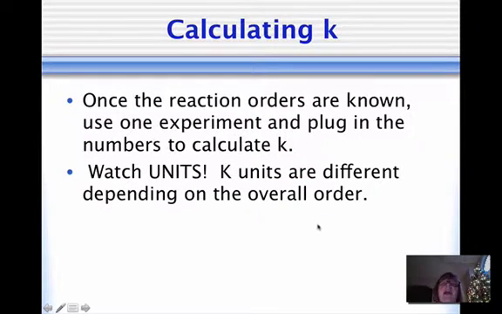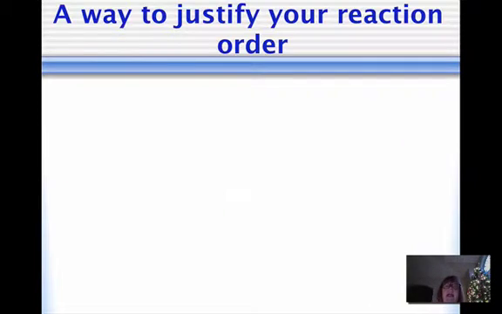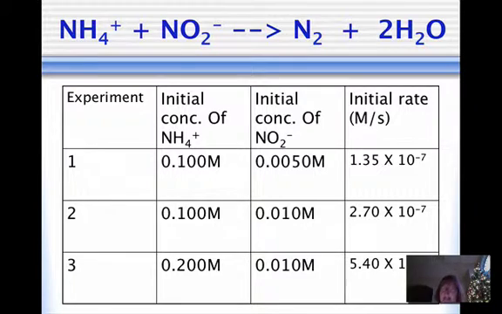All right, calculating K. Once your reaction orders are known, you pick one experiment, you plug in all the values, and you calculate the K. So why don't you guys do it for experiments 1, 2, and 3.